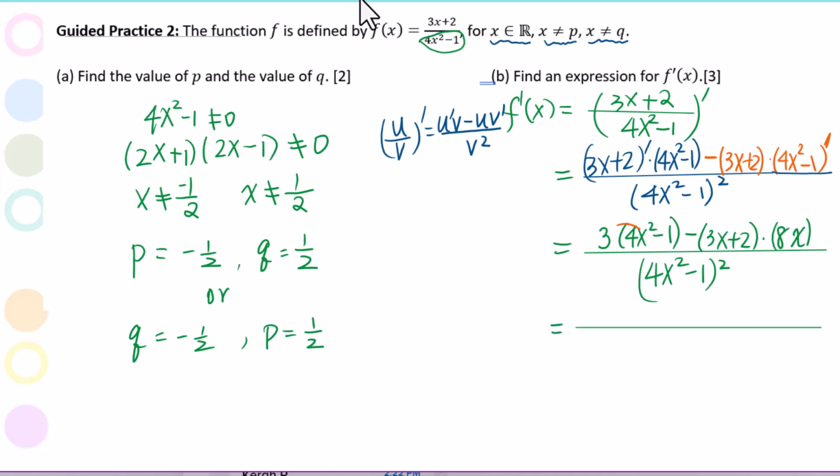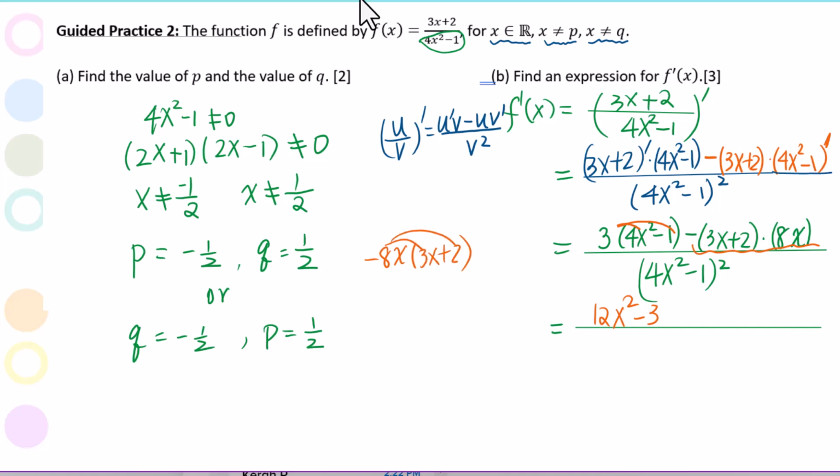Simplify. Distributive property: 12x squared minus 3. We can write this as negative 8x times 3x plus 2.